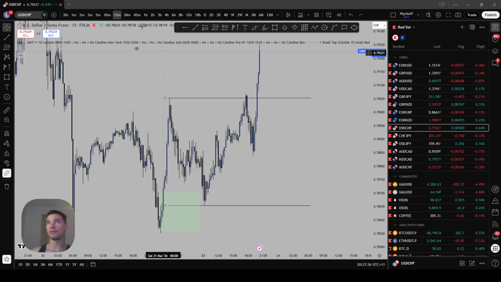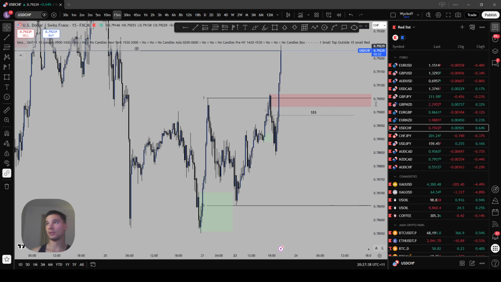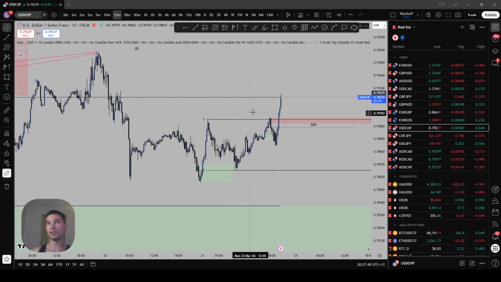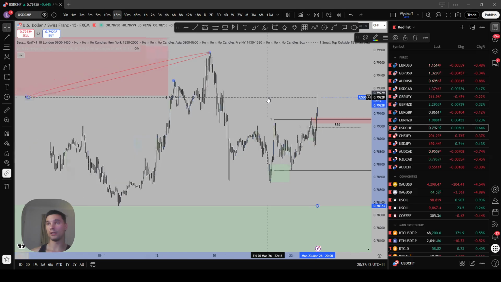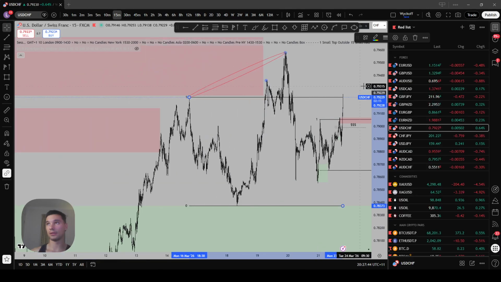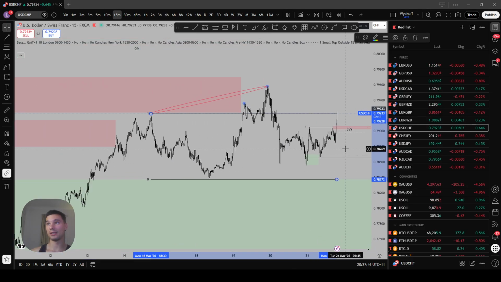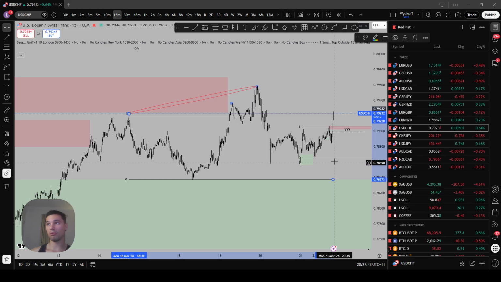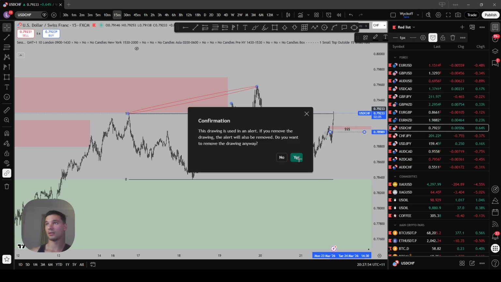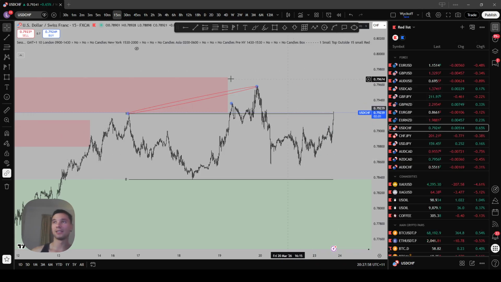USD CHF. Man, we had a really nice range here, which just got absolutely invalidated. However, are we pulling into anything here? Technically speaking, you can still take this.